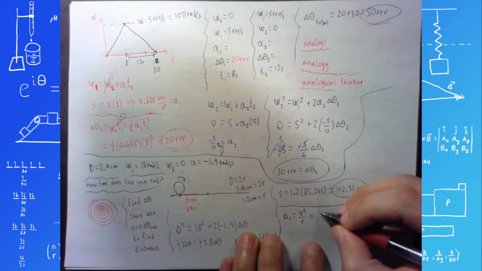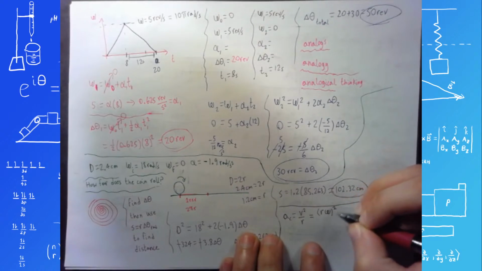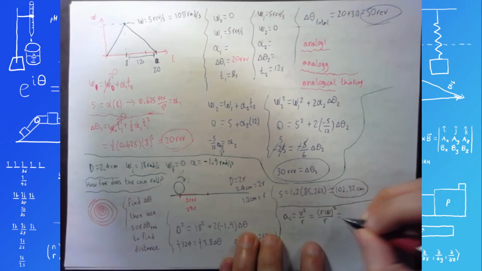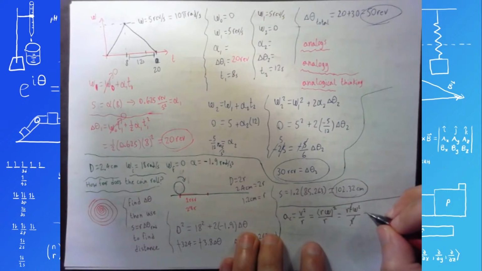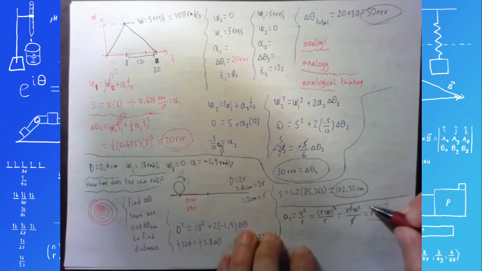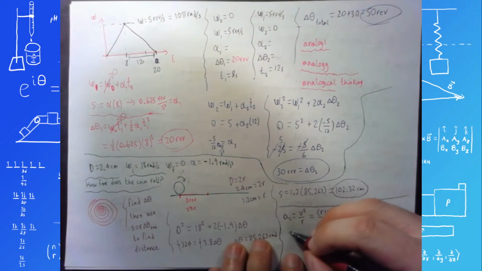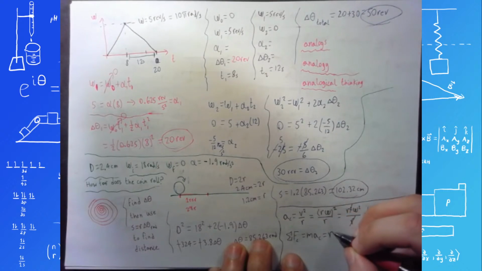We can say v tangential is r times omega, and then we're squaring that. If I square that, then I get r squared omega squared over r. One of the r's reduces, and I'm left with r times omega squared. So another equation for centripetal acceleration is r times omega squared, and another equation for centripetal force is m r omega squared.